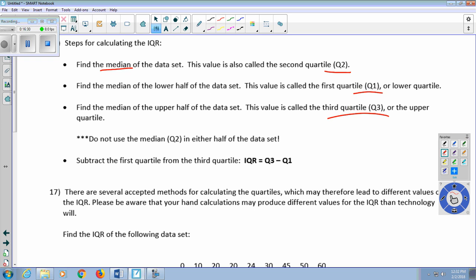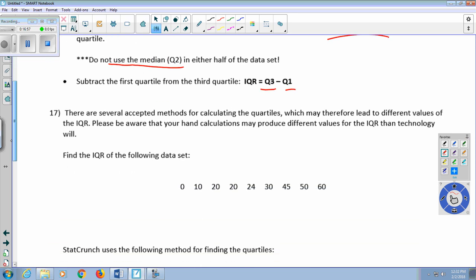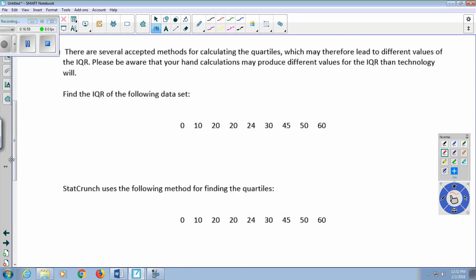So when we calculate this by hand, we do not use the median in either half of the data set. And then the final step is that once we've found our third quartile and our first quartile, we're going to find the difference between those two and see what's the spread of the middle 50% of our data. So this might sound a little complicated, but we're going to walk right through an example here and sort out those directions.